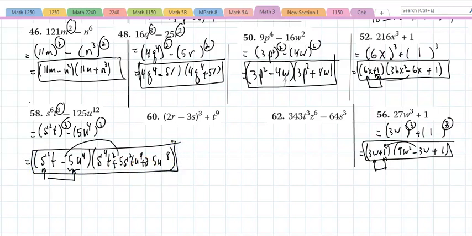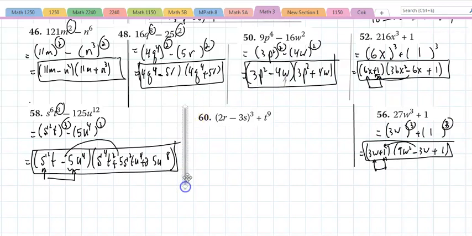And if I take number 60, and say, well, look, that's a perfect cube. So I could say that's 2r minus 3s cubed plus, what do you raise to the third power to get 9t cubed? So without the cubes, you write them once. This is a bit messier than usual.